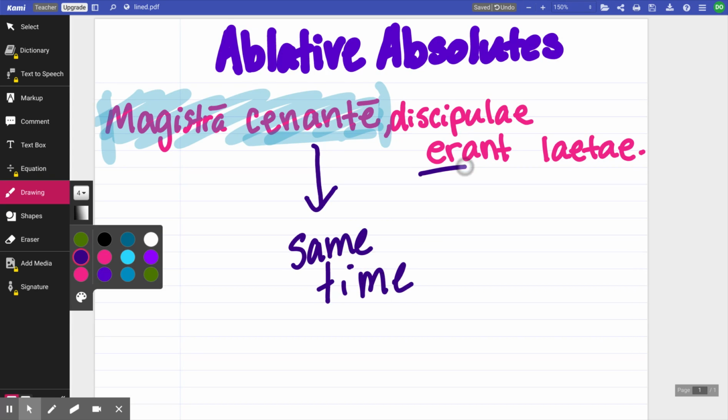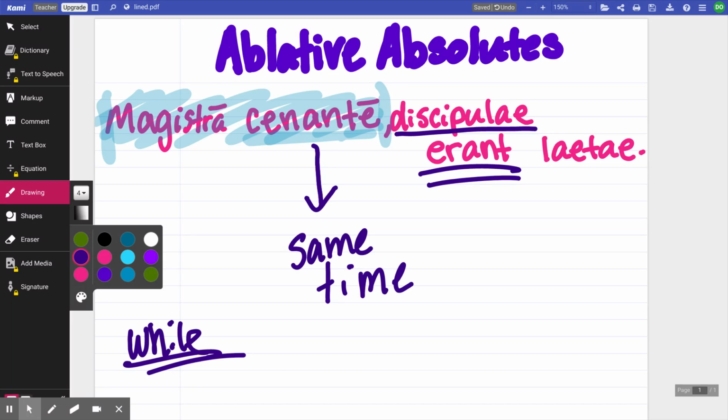So my main verb is erant. We have the students were happy. So we know at the same time the students were happy, Magistra was eating something. So you have the choice of with Magistra eating, the students were happy. Or you could translate it as while Magistra was eating, the students were happy. Because this while gives the same idea that it was happening at the exact same time.